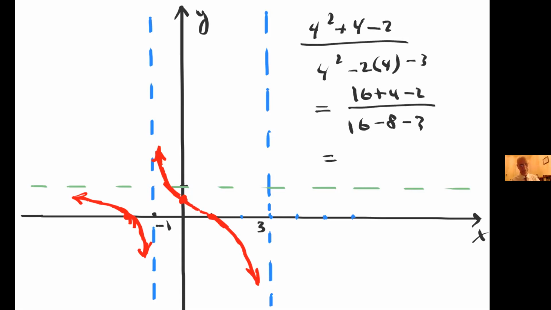And that gives me 18 on the top, and 8 minus 3, so 5, 18/5. So something positive. So this equals 3 and 3/5.